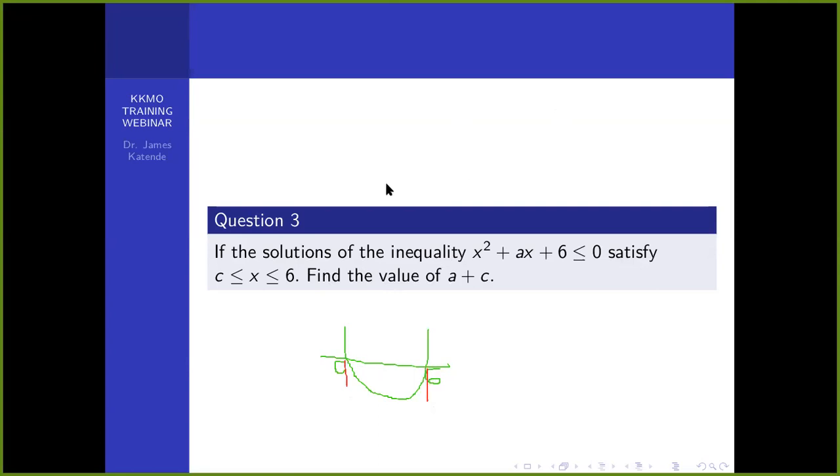This drawing is not so good. Let's clear this drawing and redraw it. It should spread out going that way. The way I've drawn it, it looks like it's curving backwards. So that will be your c, and this will be 6. So between c and 6, it's below.